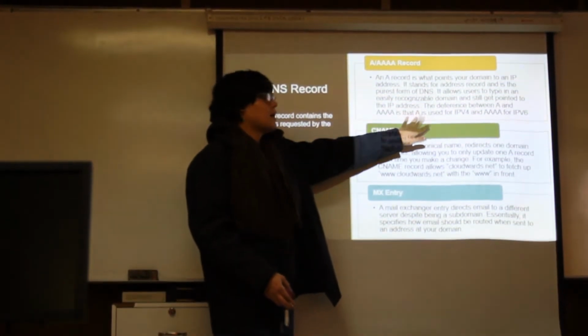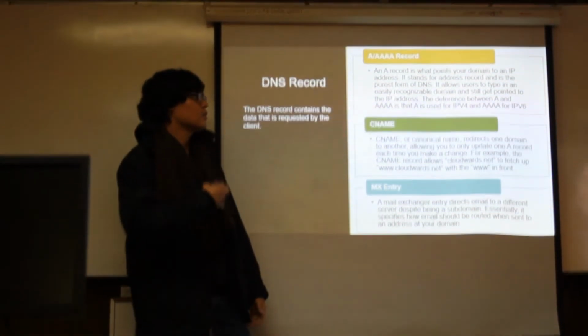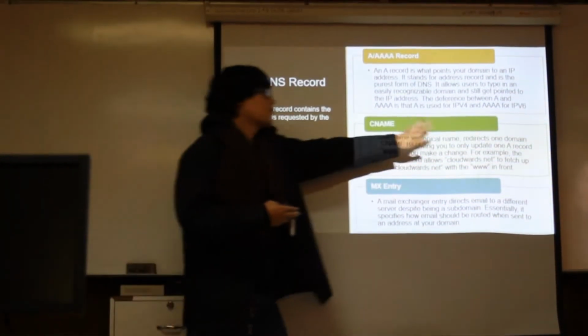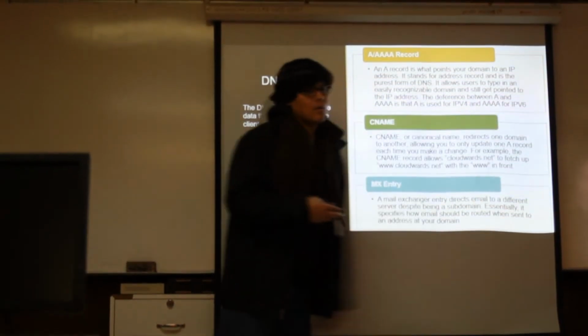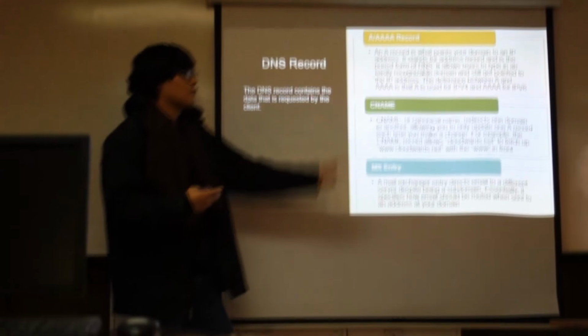And like I said, the A record brings you the IP address for version 4, and the AAAA record sends you the IP address for version 6.